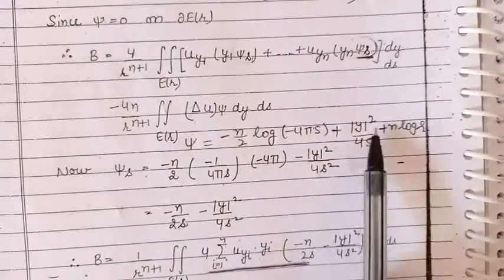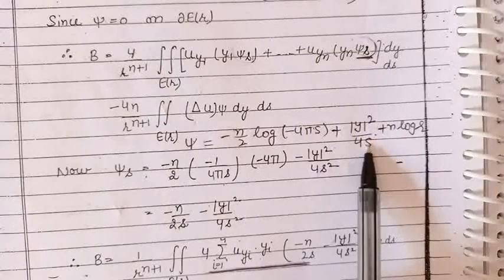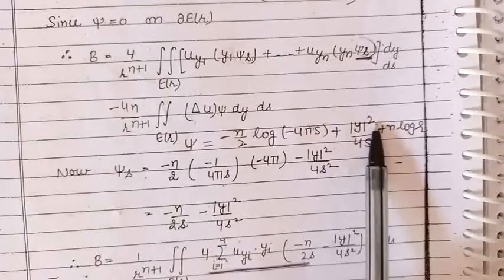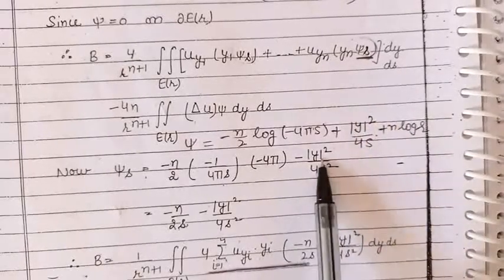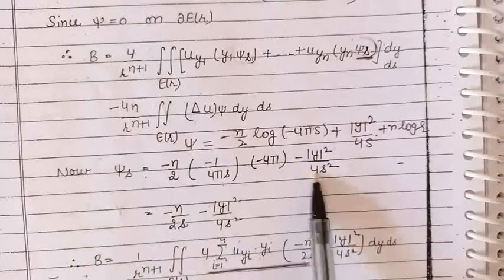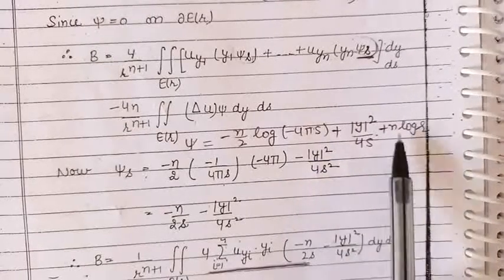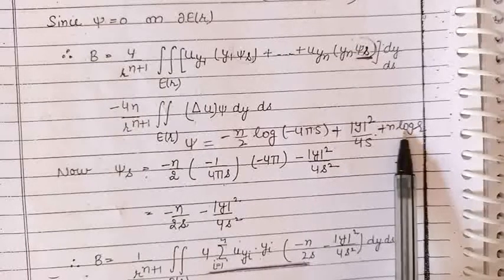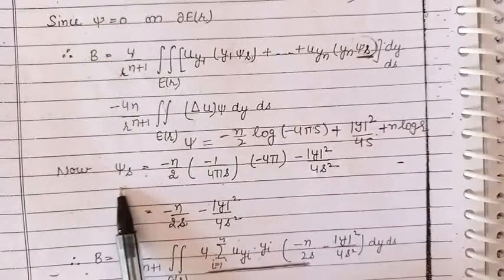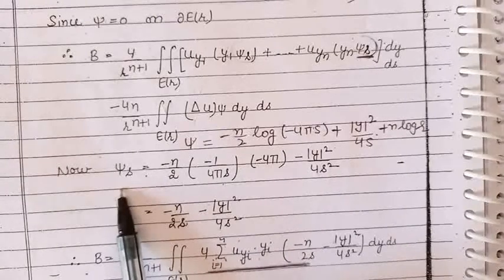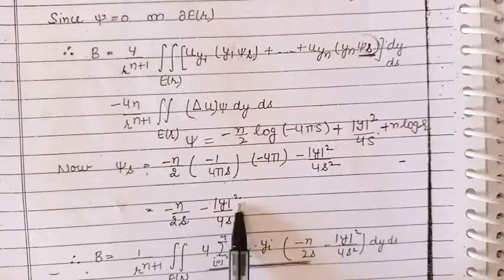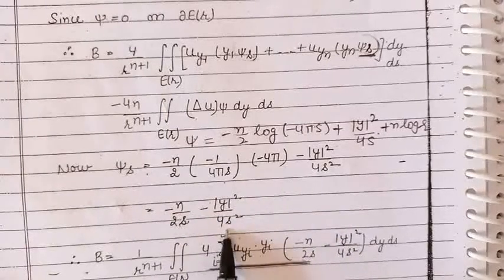Here the derivative of 1 by s will be minus 1 upon s square. So the derivative of this term partially with respect to s will become minus |y| square upon 4 s square, and its derivative with respect to s partially will be 0. So we have obtained ∂ψ/∂s, which is given by minus n by 2s minus |y| square upon 4 s square.